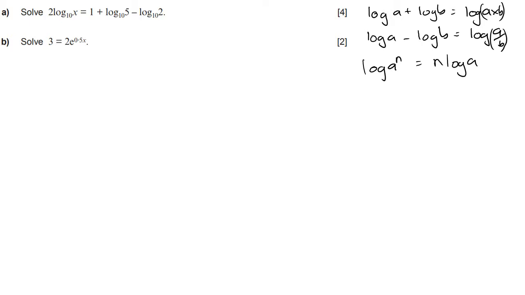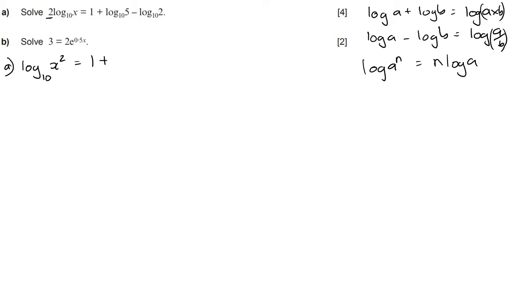We've already used the power rule in the first part of the question. With this type of question where it says solve, almost the first thing you would do is look at the power rule. In this case we're doing it in reverse. So for part A, we would start with the power rule, so this 2 is going to move over, so that is going to be log 10 x squared equal to 1 plus... I don't actually think I want to use the division rule here.